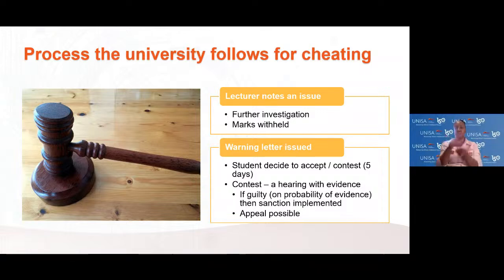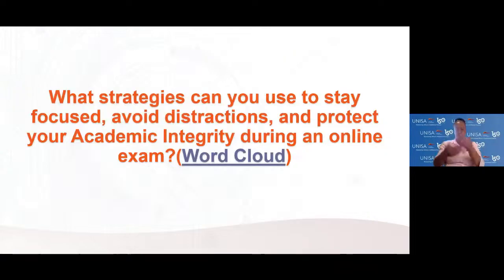Remember the things like failing the module, losing credits, being expelled for very serious situations. But remember, you're not alone. You can have a member from the SRC there to represent you, alternatively a fellow student. And if you're not satisfied with the outcome, you are allowed to appeal. All right, so that is the process in a nutshell.